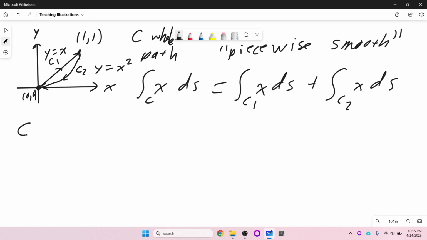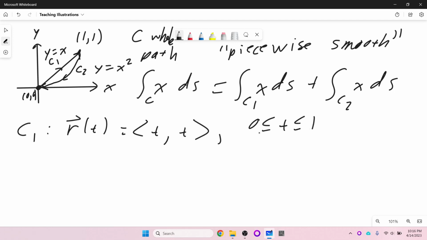So C1, let's write a path in terms of t. R of t, well this one's not too bad. x and y are the same, so we can just say it's t, t, where t goes from 0 to 1. But now C2 is a little trickier. So I would want to think of it as this.